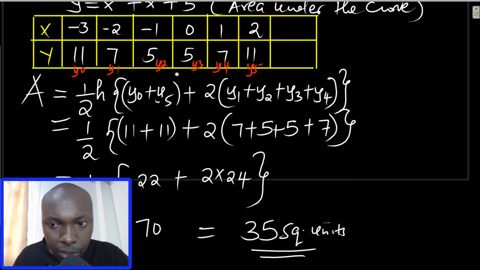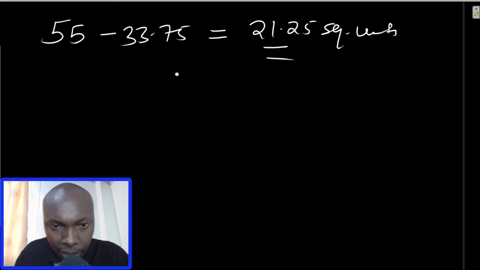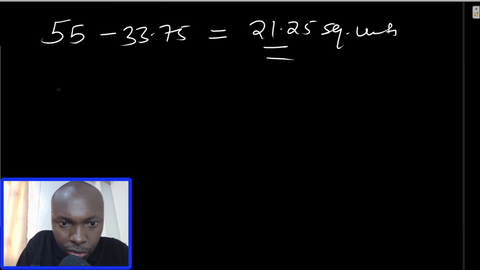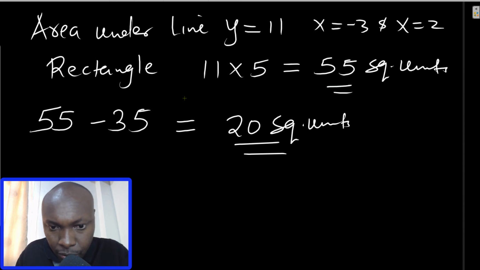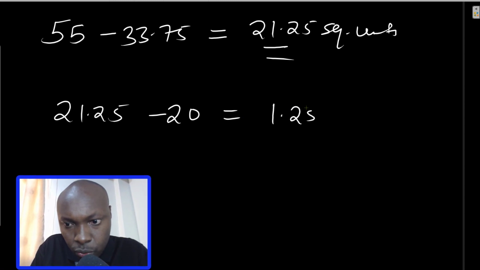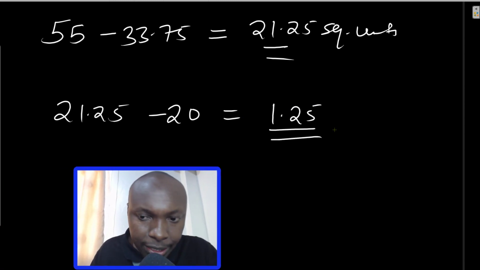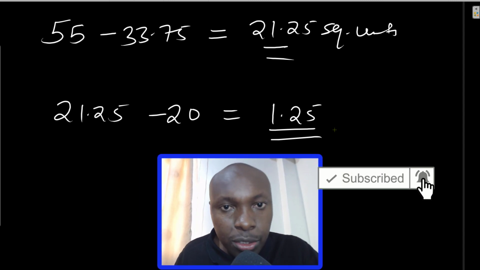But when we used the mid-ordinate rule, we got the answer is 21.25. So we get the difference, and this difference is 1.25. That is simply how you're supposed to solve that question.